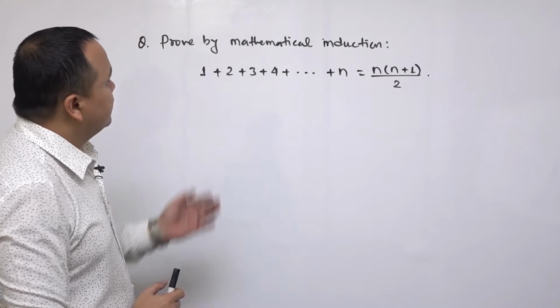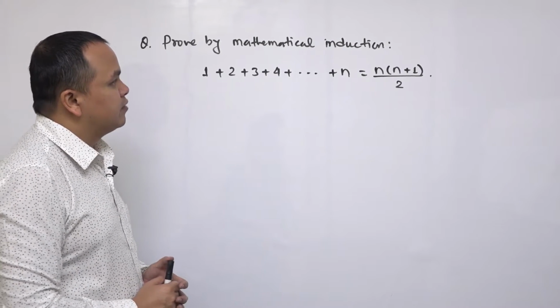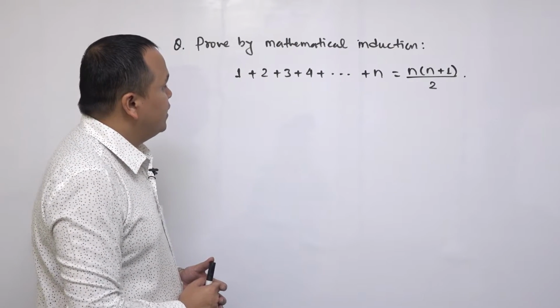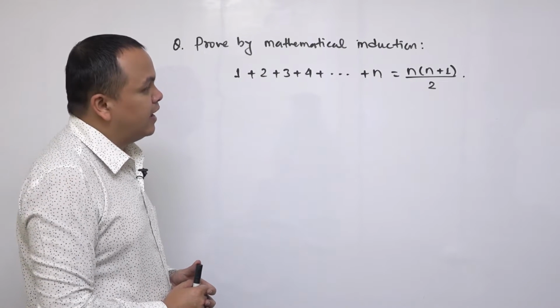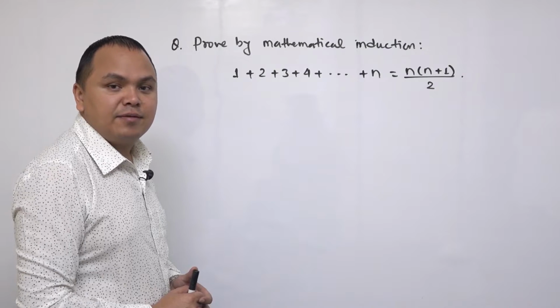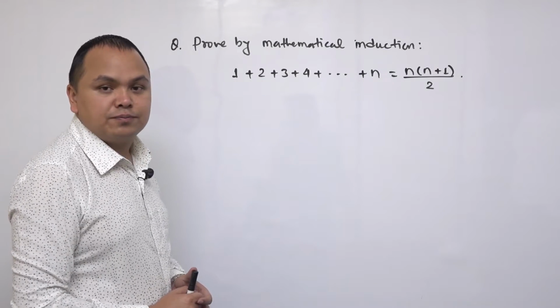We take another example, proved by mathematical induction: 1 plus 2 plus 3 plus 4 plus up to n is equal to n times n plus 1 by 2.